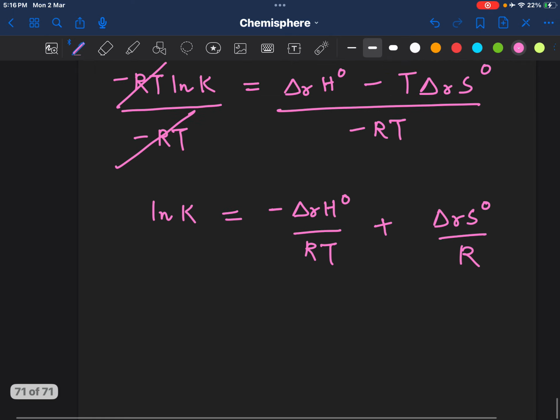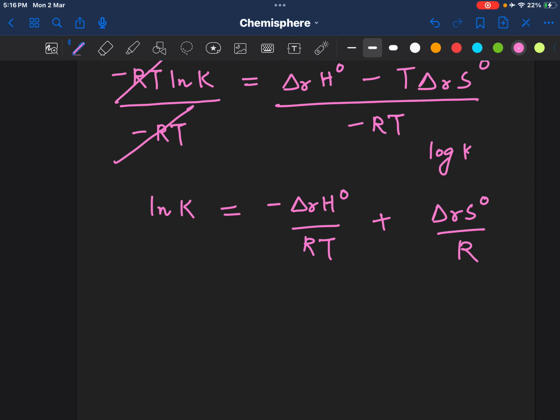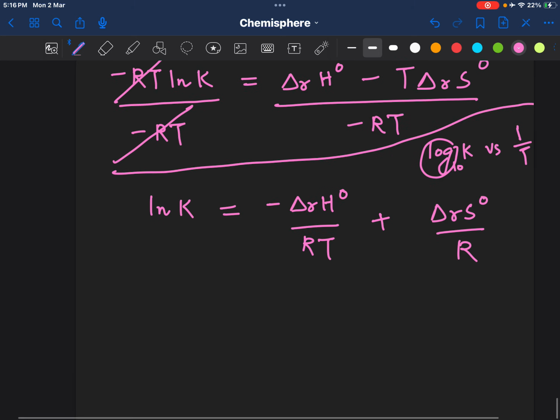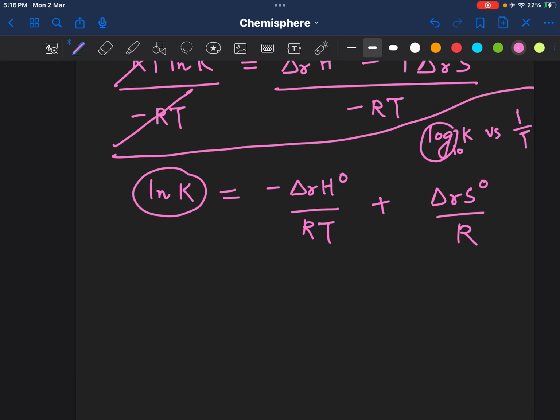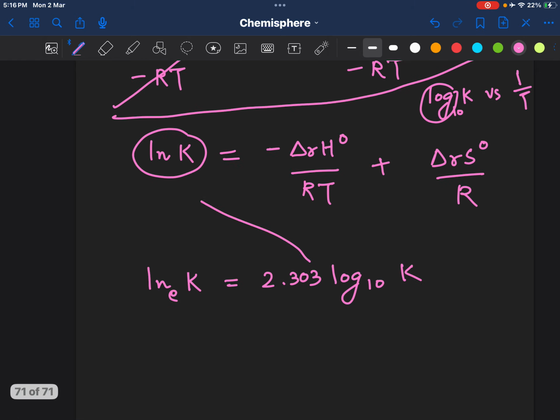Now the graph is between log K, base 10, versus 1 by T. So we have to convert this ln K into log K. We know that ln K is equal to 2.303 log 10 K. So we can substitute this value here.